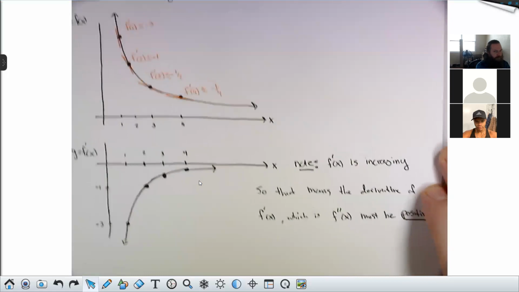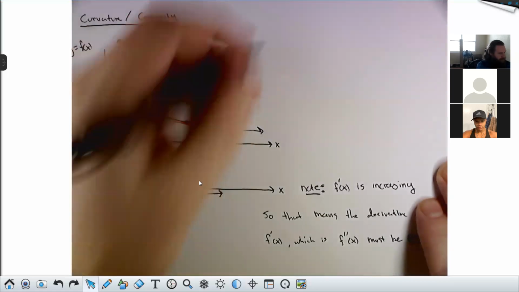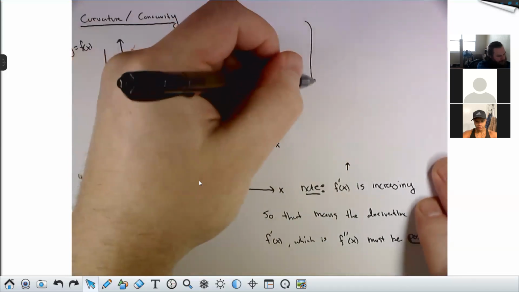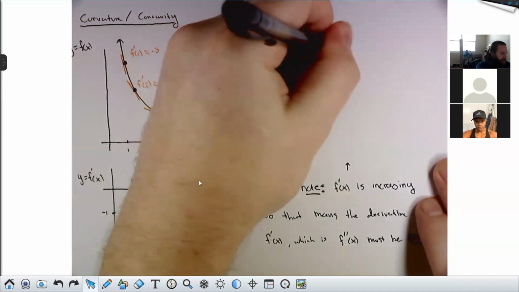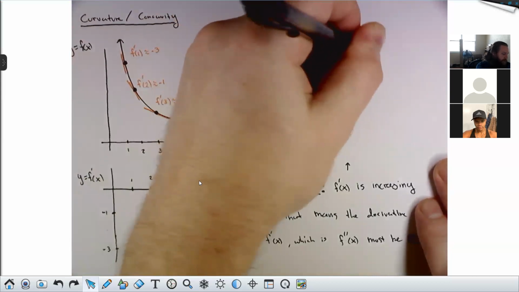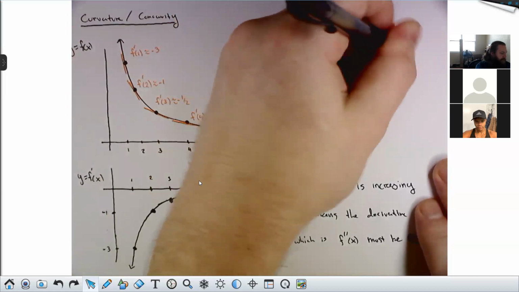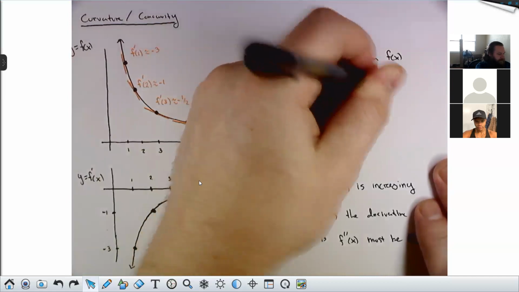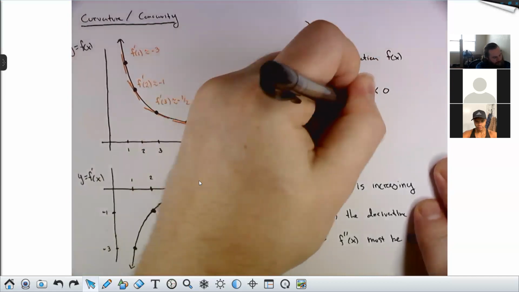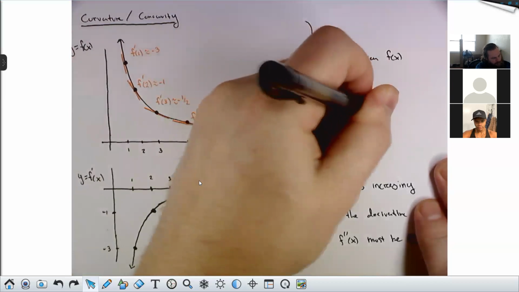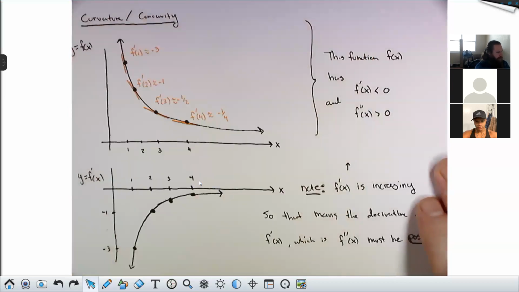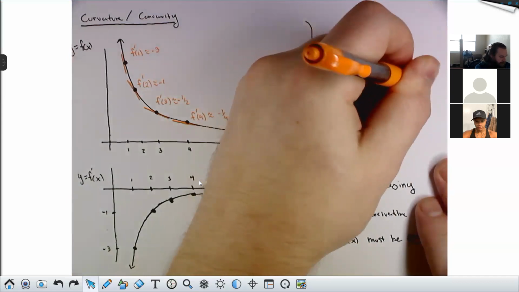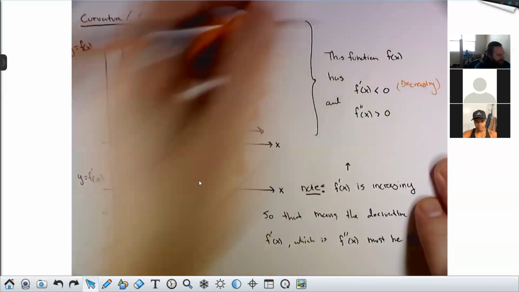So if I look at this picture, I'm going to come back up here and make some collective comments. This function, f of x, has f prime of x less than 0 and f double prime of x greater than 0. The fact that f prime is less than 0 tells us that the original function is decreasing. And it is.